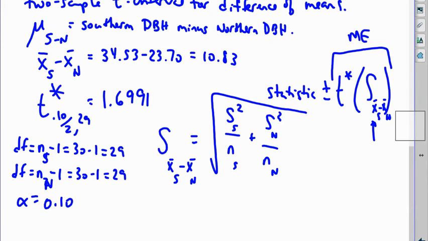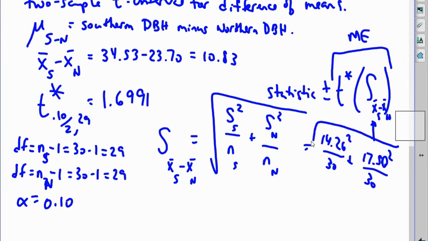Let's see here, we got a 14.26 squared over 30 plus 17.50, sorry, I can't see the top, squared over 30.